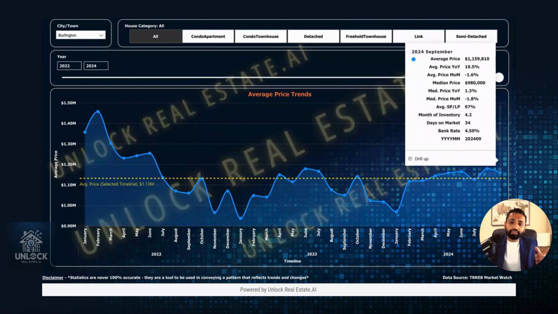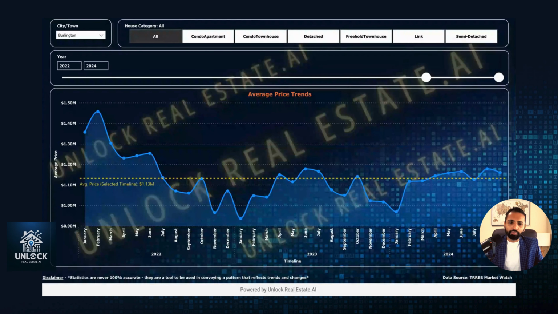And remember, guys, we have built this tool. The graph you are seeing is not just one graph. This is a tool we have built, called the UnlockRealEstate.ca portal. We have built this tool for real estate industry professionals.